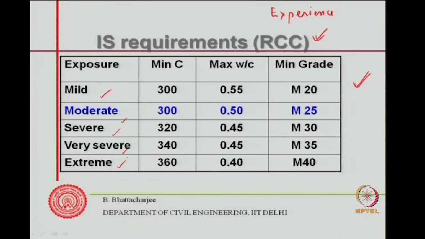The Indian Standard Code IS 456-2000 has classified the exposure environment into these 5 classes, namely mild, moderate, severe, very severe and extreme. Correspondingly, the prescribed minimum cement content, maximum water cement ratio and minimum grade of concrete are given in this table. This table is reproduced from IS 456-2000.